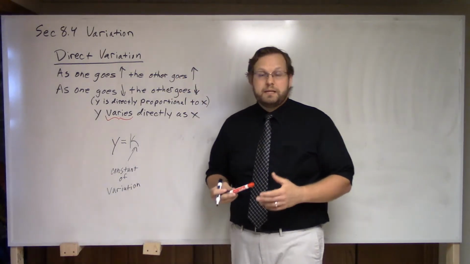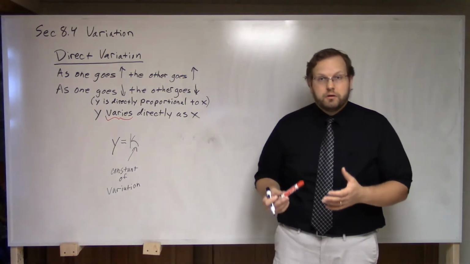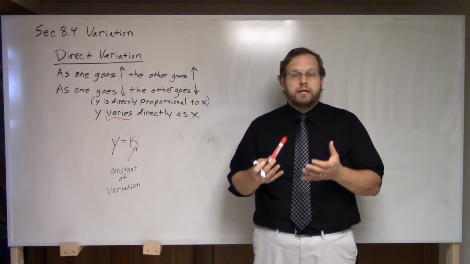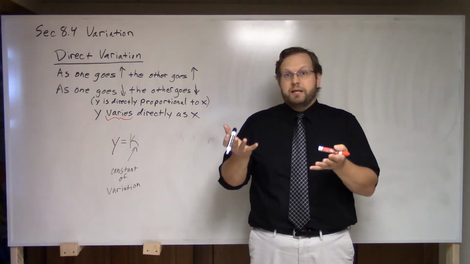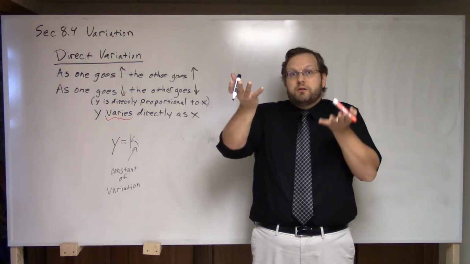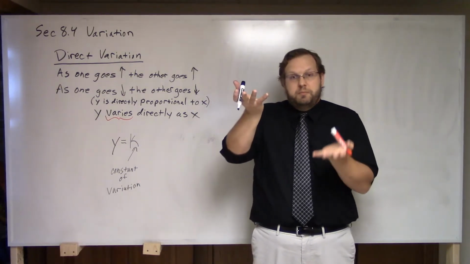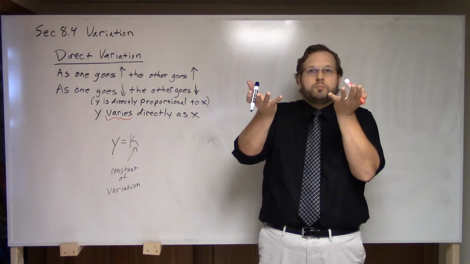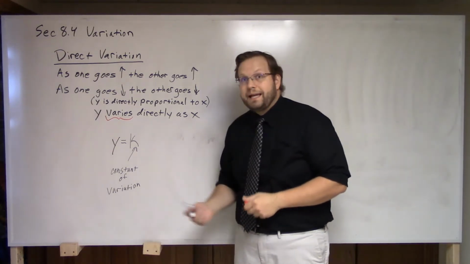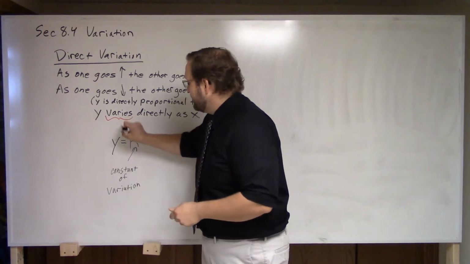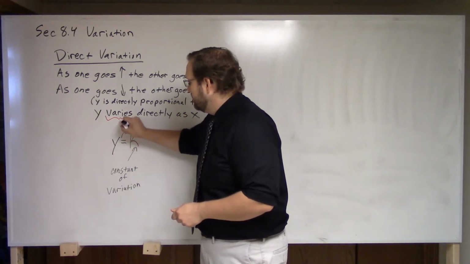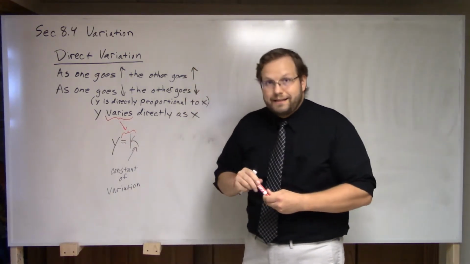What that means is that it is going to be a number that tells you how closely they are related. We know if it's a direct variation, as one goes up, the other goes up. But as one doubles, is the other going to double? As one triples, maybe this quadruples, and so on. So that's what that k is going to tell us. So y varies directly.